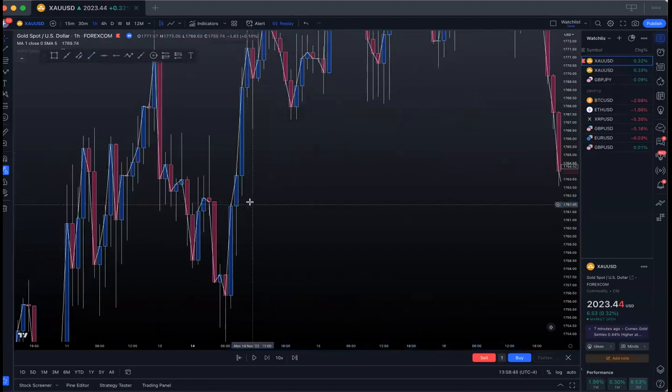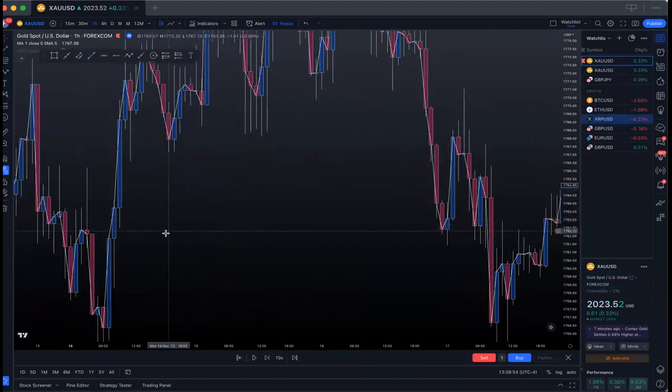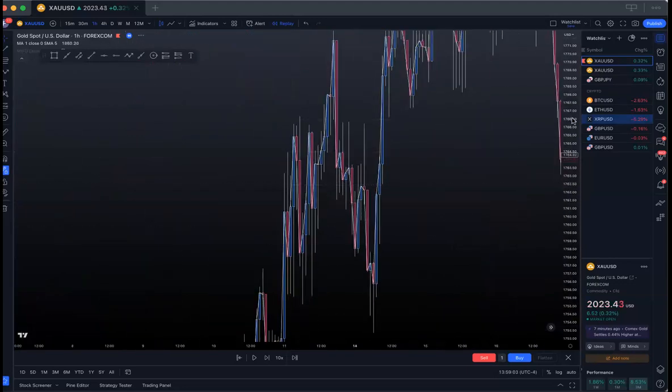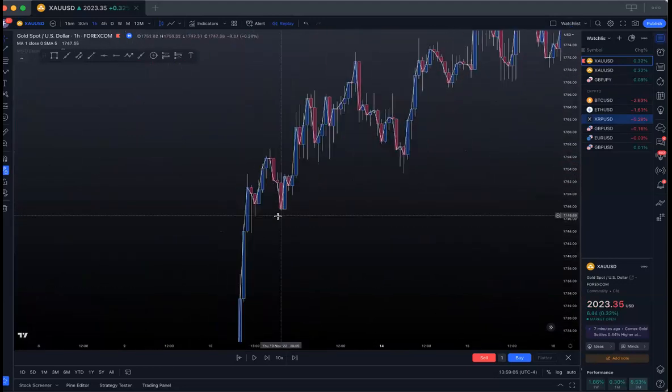No, that one's not good. That's not good. This came from this opening close, regular gap. Okay, that's nothing to worry about for now.